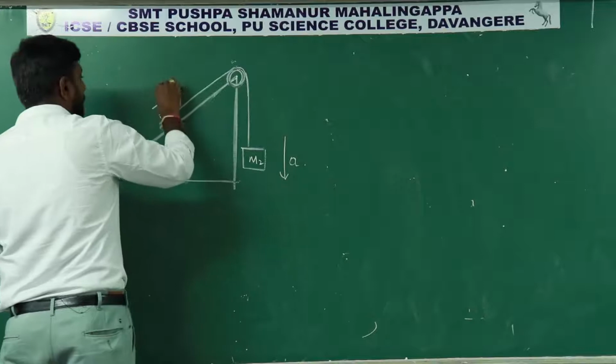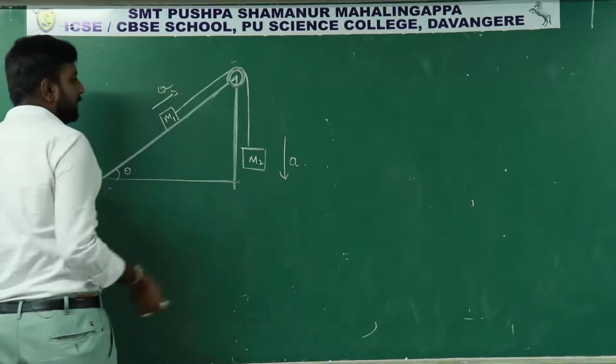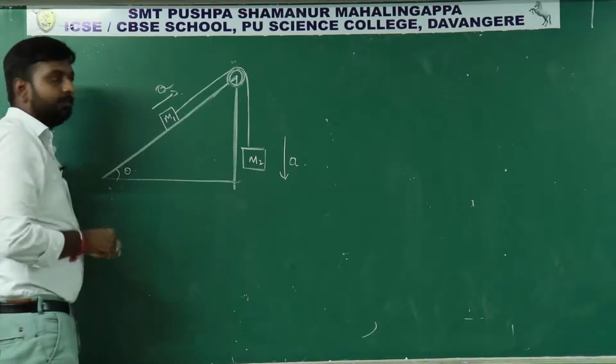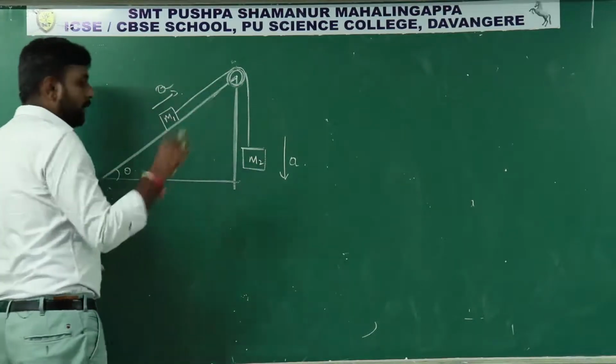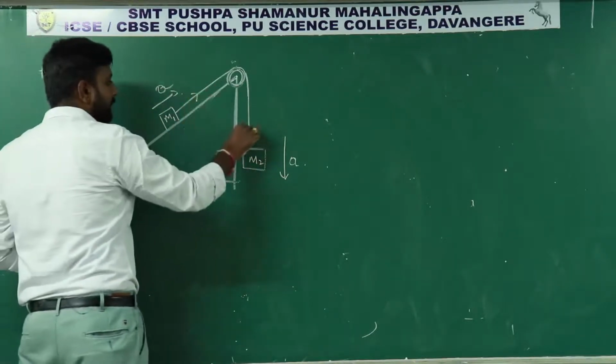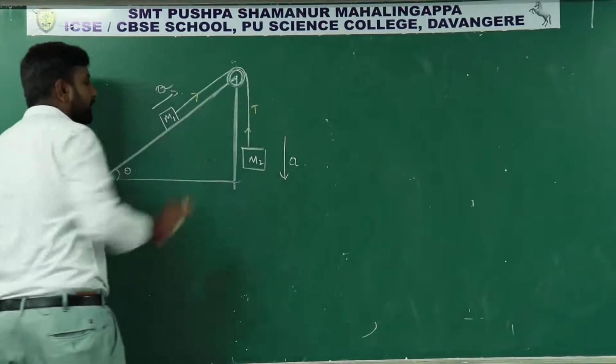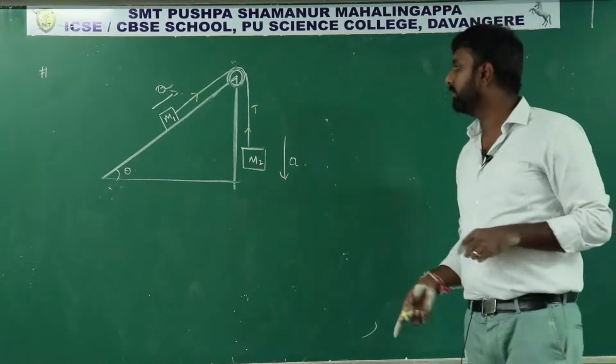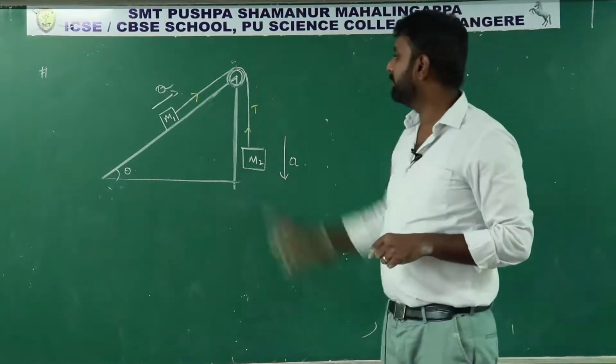So this block will move in this direction. You can consider m2 is greater than m1. Here only one string has been used, hence the tension will remain the same throughout the string. We have to find the acceleration, the tension force, and the force on this pulley.